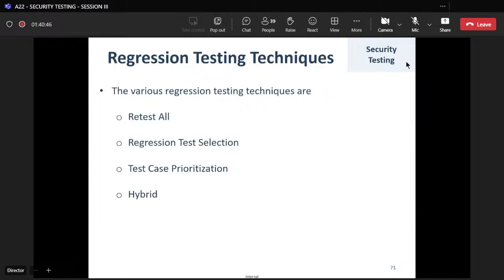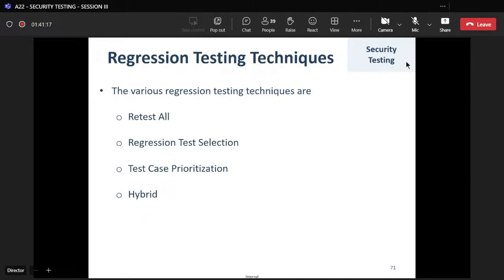So what are the various techniques followed to complete the regression test? Retest all: they test all the modules and the functions. Second type, you select only a few tests. Regression test selection: you test only certain modules, and the tests are performed only on those. Then the third type is test case prioritization.